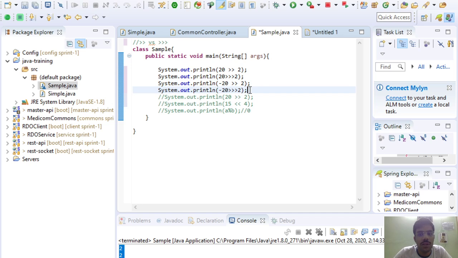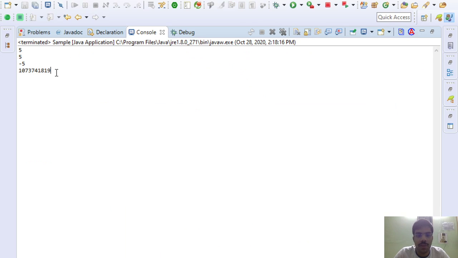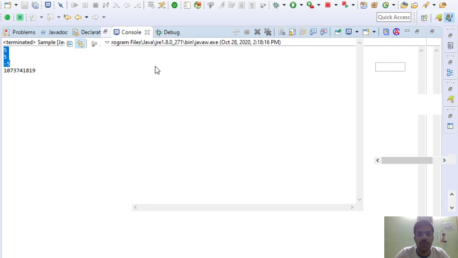And if we declare a triple right shift, then we will get a garbage value, a very big number, because for negative numbers this operation changes the sign bit to 0. The sign bit means the MSB, the most significant bit. Okay, let me run this program. As expected, we got a garbage value, something random, instead of minus 5.